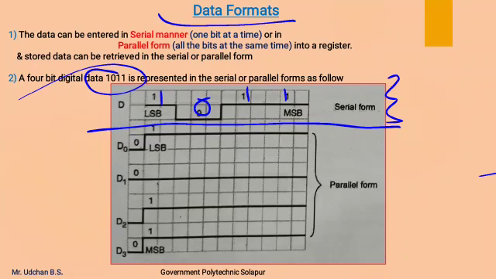The data 1 is shown by logic high level, whereas the data 0 is shown by logic low level, one by one after a particular interval of time. Whereas in parallel form, all the data, that is 1011, is shown simultaneously. Means this 1, this 0, this 1, this 1 are shown simultaneously during this much time interval. So this is how serial and parallel data can be shown in the form of a waveform.